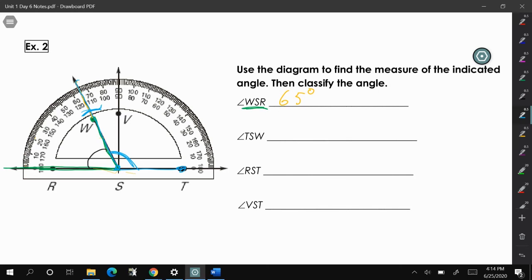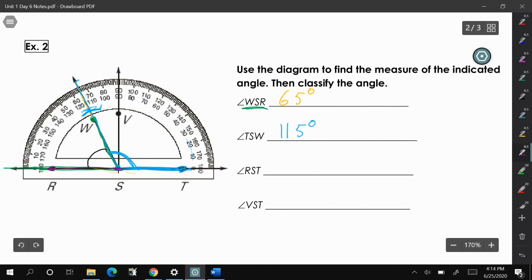Or you could use the rule: if my horizontal line is on the right of the vertex, then I'm going to use the inside numbers. Honestly, what I do is I say, this is bigger than 90 degrees, so I'm going to use the numbers that are bigger than 90 degrees. So between 110 and 120 is 115 degrees.